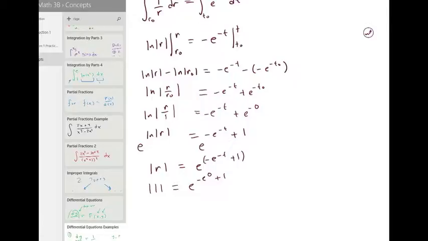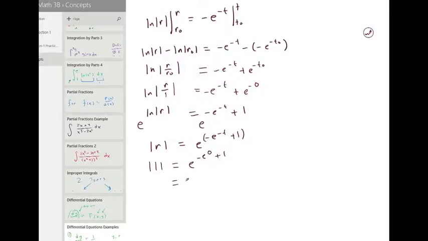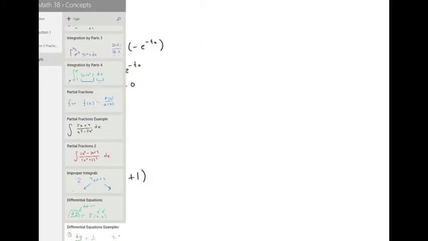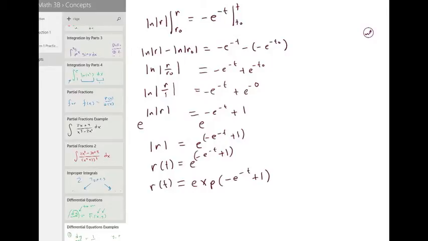And this should be e to the negative 1 plus 1, e to the 0, which is 1, so we take the positive absolute value. So r of t is equal to e to the negative e to the negative t plus 1. And we can write this as the exponential function, exponential of negative e to the negative t plus 1. And that is our solution.